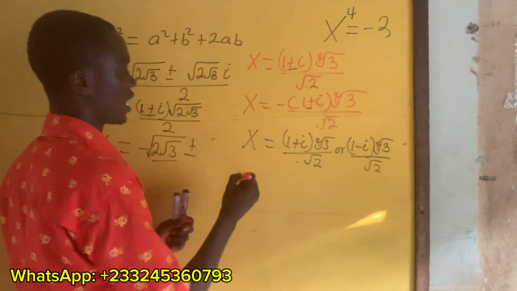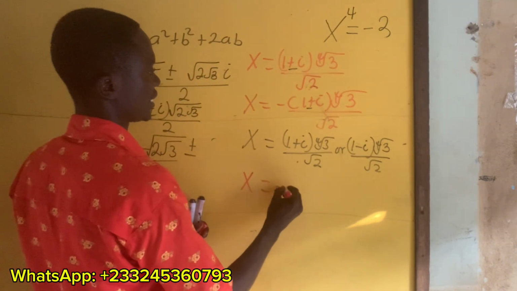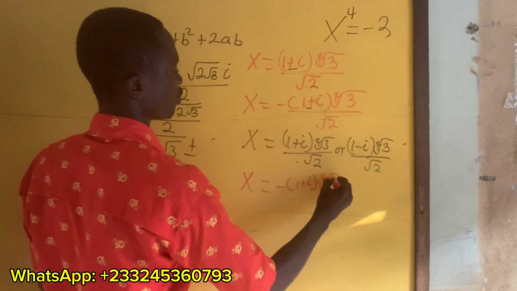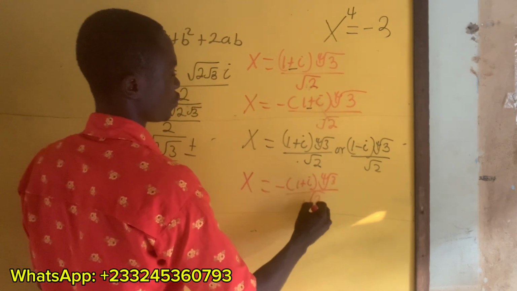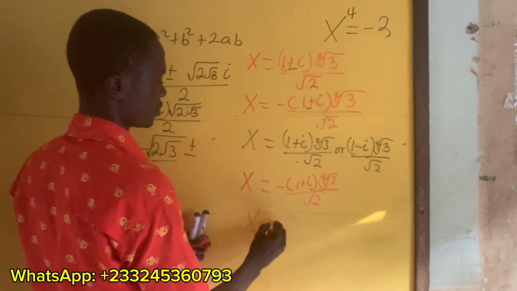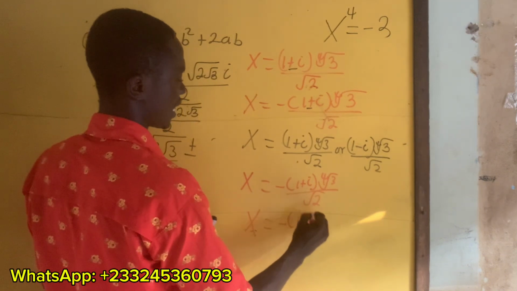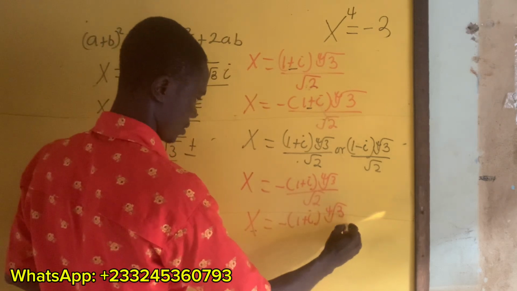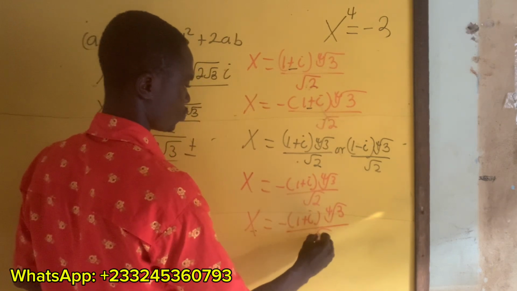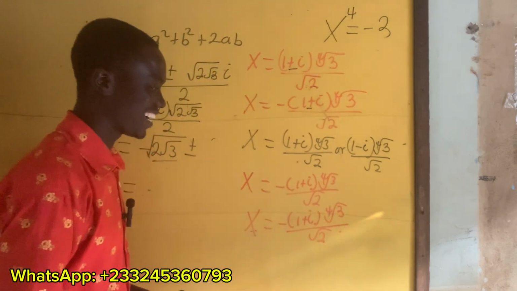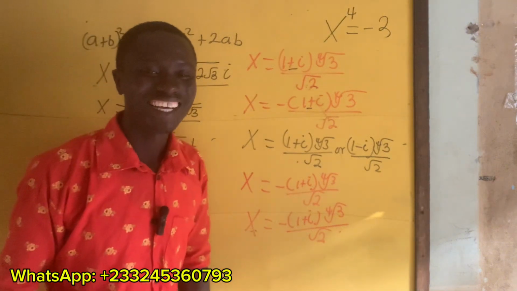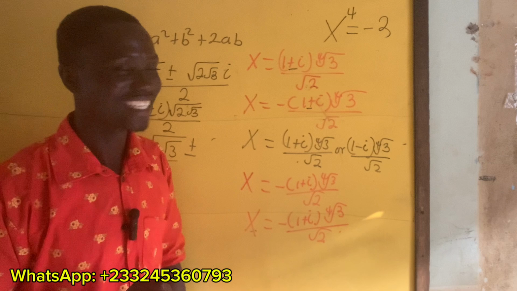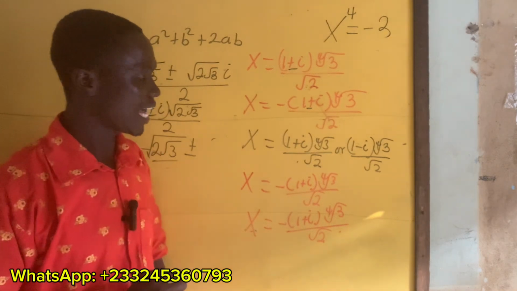And we're going to have another one, x equals negative into 1 plus i, the 4th root of 3 on root 2, or negative into 1 minus i, the 4th root of 3 on root 2. Wow, so this is the solution. And we've worked around the clock to come up with this.